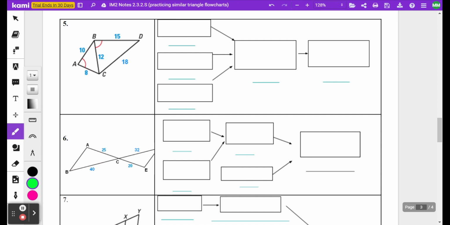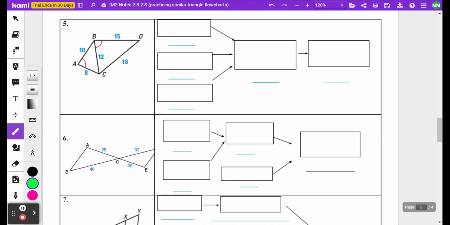But since my proof boxes are already set up for me and they're set up for side, side, side, which is also an option, I'm going to do side, side, side. I know that this is set up for side, side, side because in the column to the left of my ultimate conclusion, I only have one box, and that box is going to say that all three corresponding side pairs are proportional.